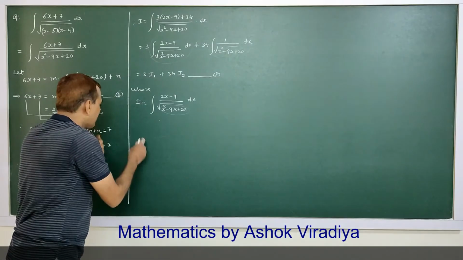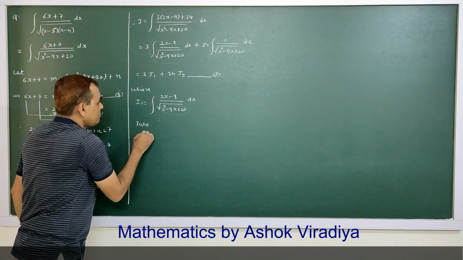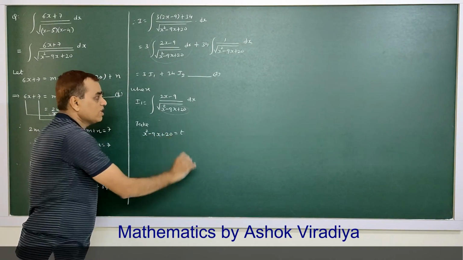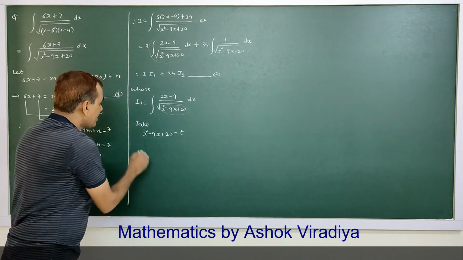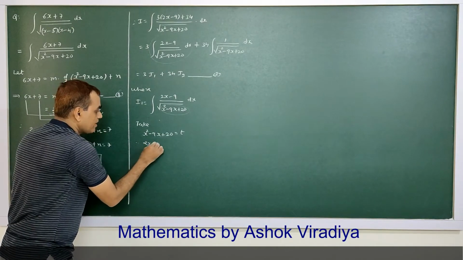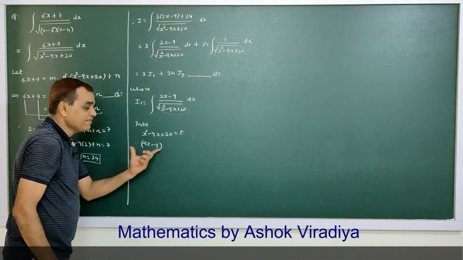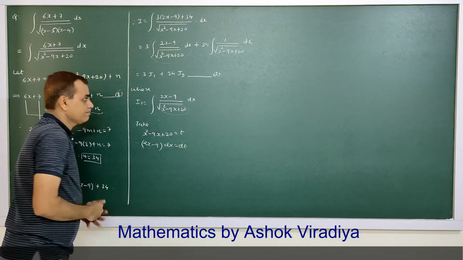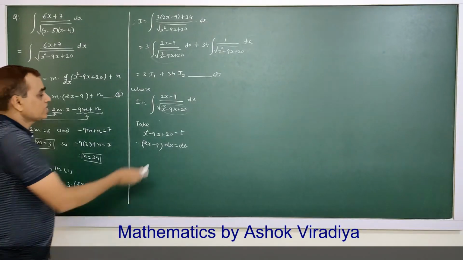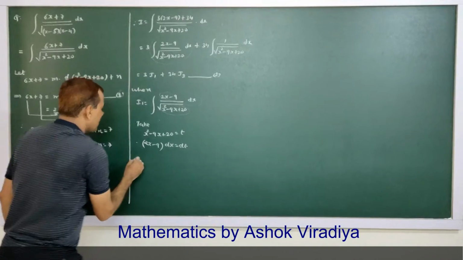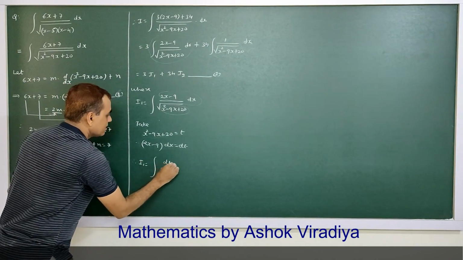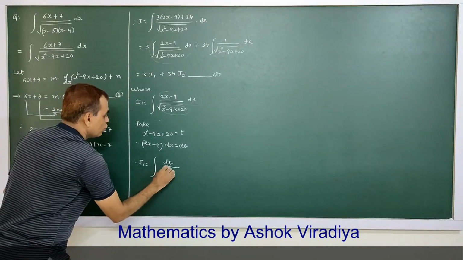We take x² - 9x + 20 equal to t. Therefore its derivative is 2x - 9, dx is dt. So I1 is dt upon root t.